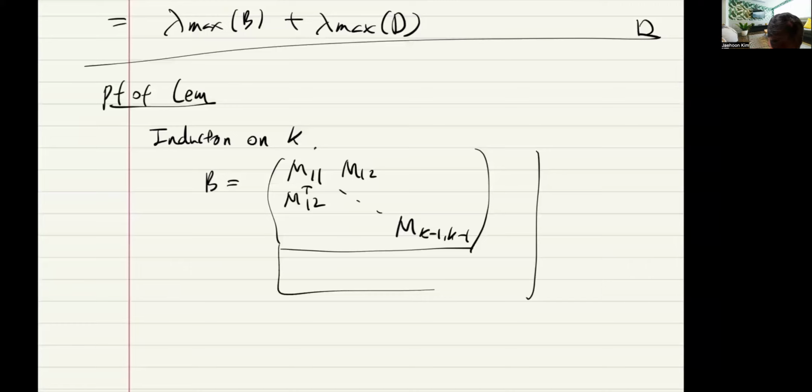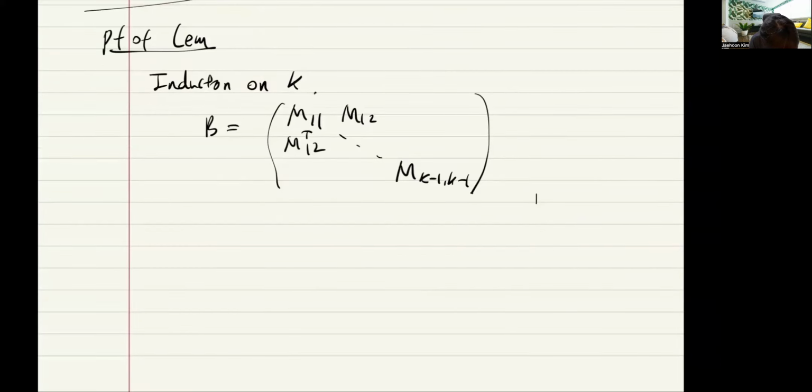So you delete the last row and last column, then you get B. Then, by the claim, for the entire matrix M, lambda min of M plus lambda max of M is at most the lambda min of this C plus lambda max of this last term, MKK.